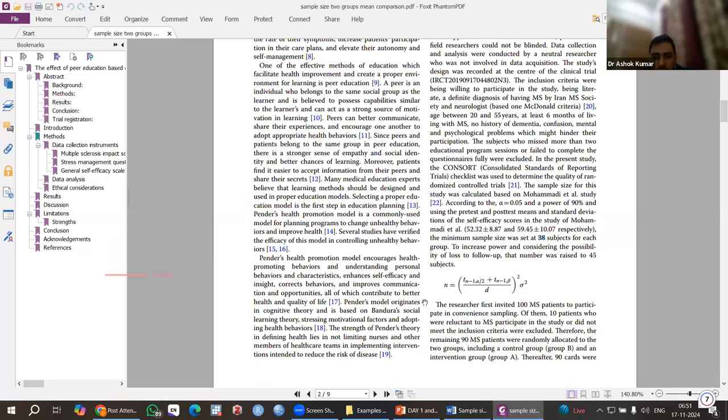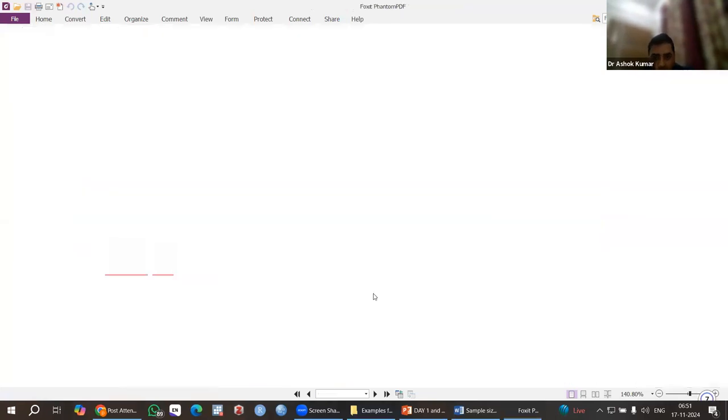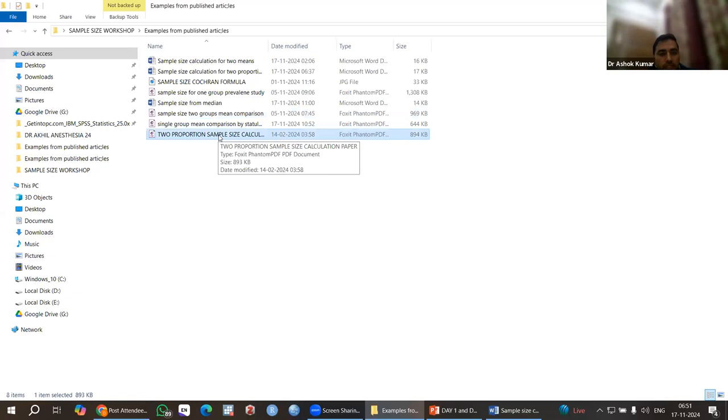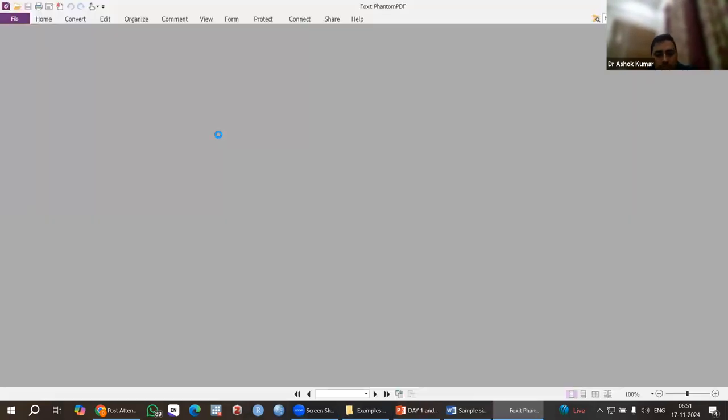Okay, so you can see here. This is for two group mean comparison. Now, two proportion sample size calculation.